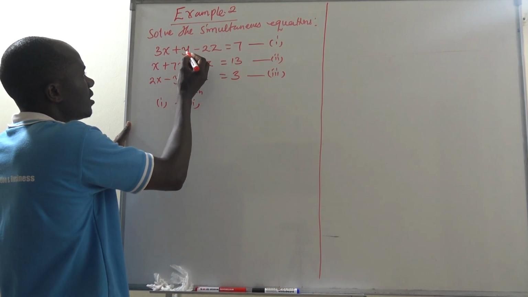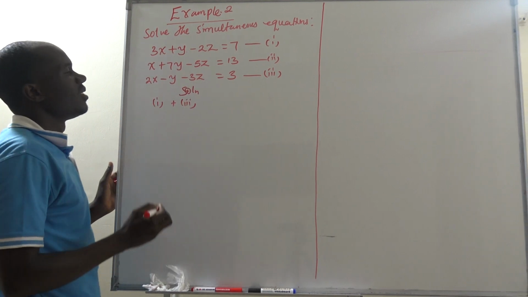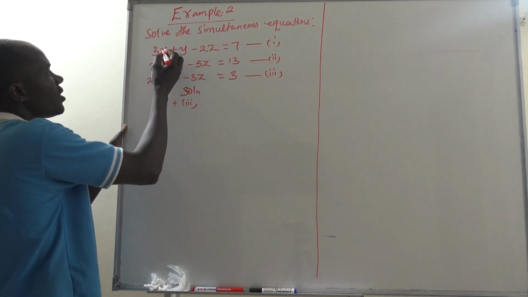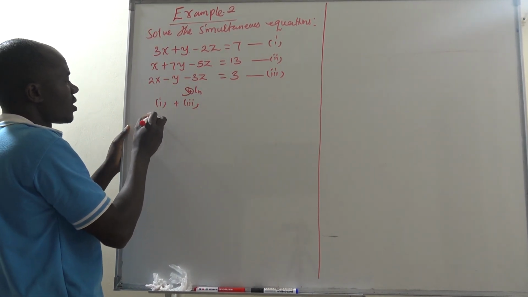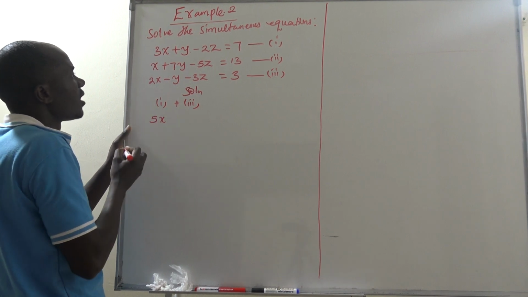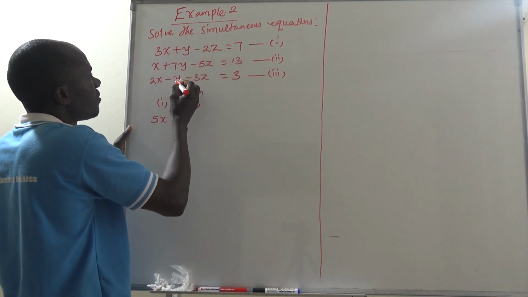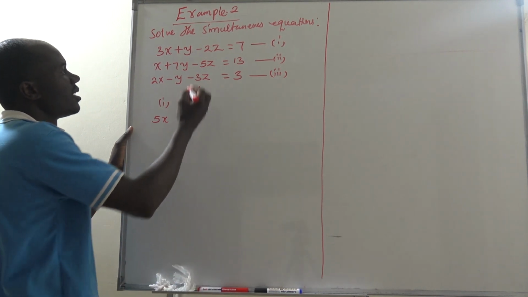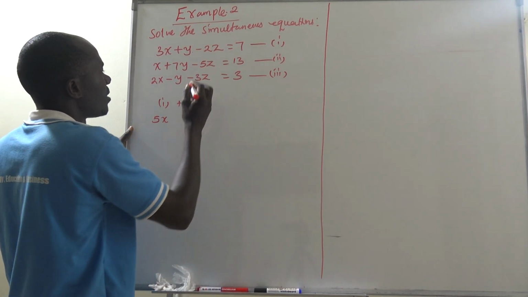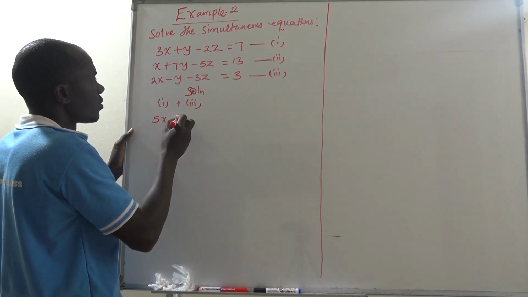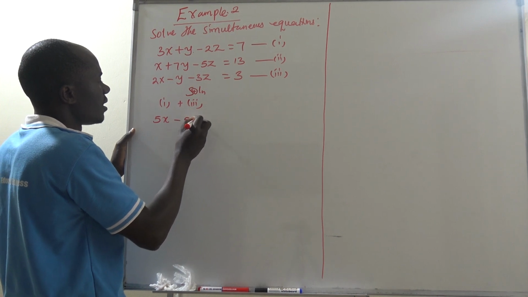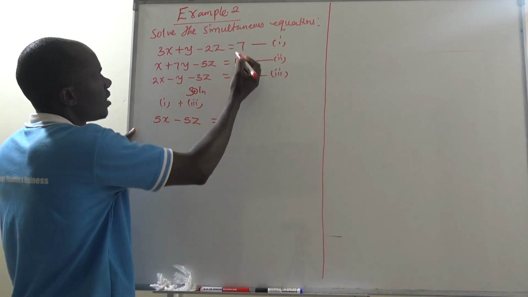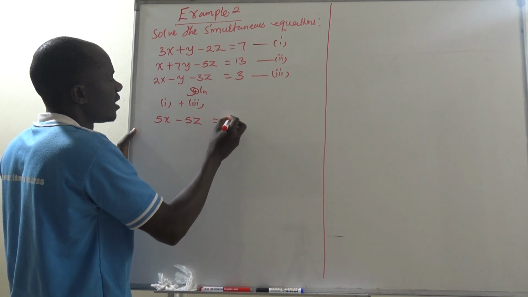You have seen there is y and here it is negative. So if I add them, 3x plus 2x, I come out with 5x. y plus negative y disappears. Negative 2z plus negative 3z gives minus 5z, equals 7 plus 3, which is 10.